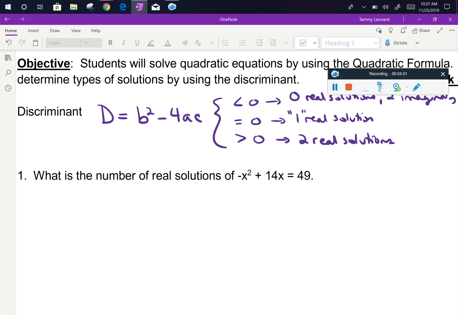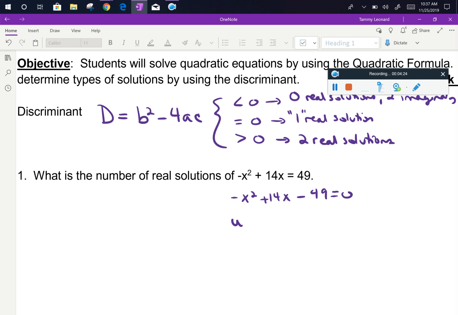It says, what is the number of real solutions of -x squared plus 14x equals 49? And like every problem except for completing the square problems, we have to have 0 on one side before we can actually apply the discriminant. So the first thing we're going to do is rewrite it as -x squared plus 14x minus 49 equals 0.